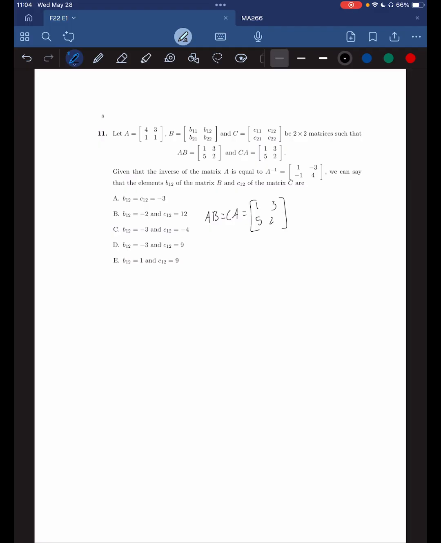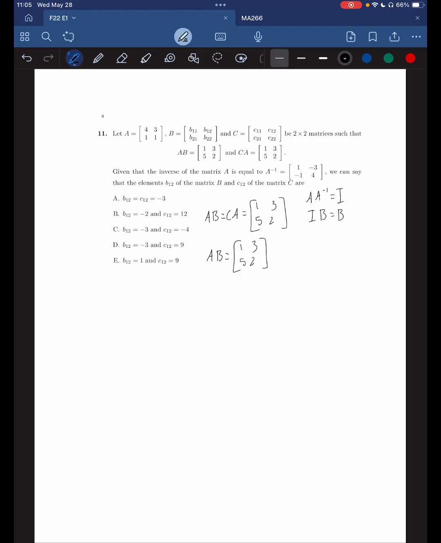So I can say if AB is equal to 1352, then one very key identity that I want everyone to know is A multiplied by A inverse is going to give you the identity matrix. And I times literally any matrix is just going to give you that matrix.